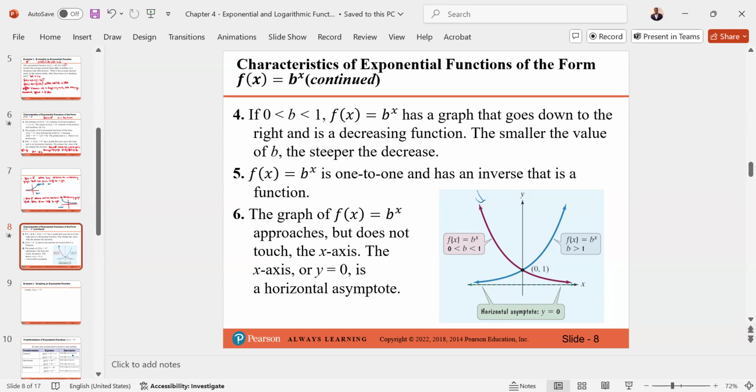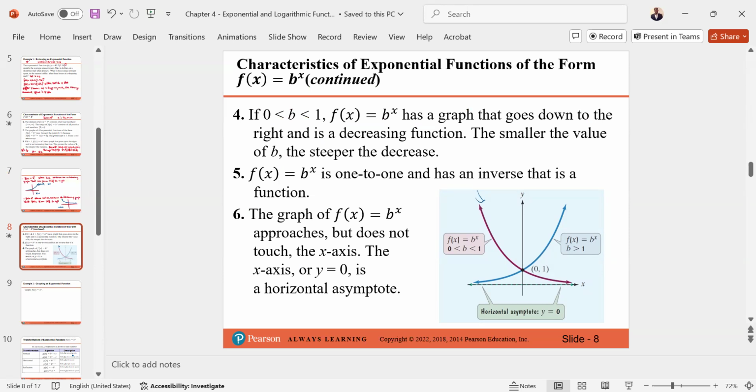The graph of f of x equals b power x approaches but never touches the x-axis. Remember, the range is 0 to infinity, so we don't cross the x-axis. Usually for f of x equals b power x, y equals 0 is a horizontal asymptote that we cannot cross or touch.